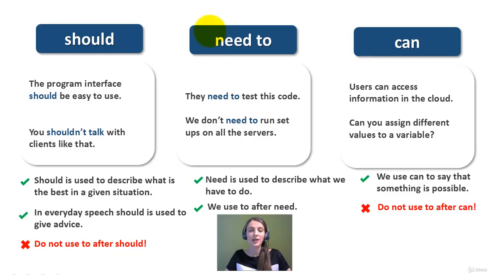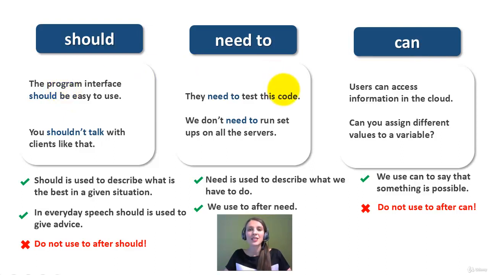Okay, the next one is need to. They need to test this code. Need is used to describe what we have to do. Well, probably before you usually used must for this situation, and probably you also used must instead of should. That's also possible.